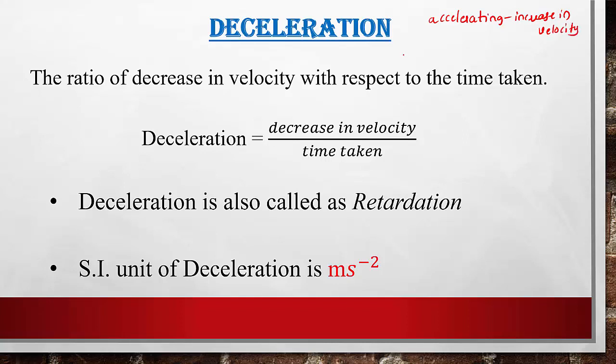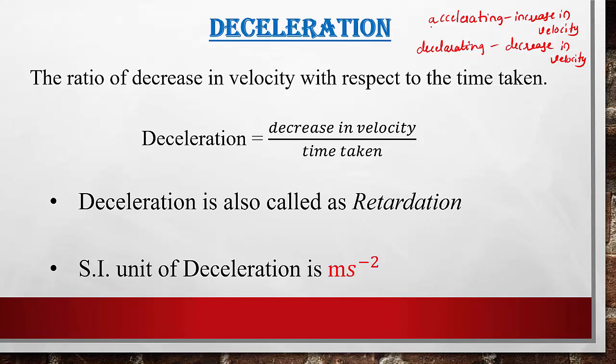Suppose if the object is decelerating, so decelerating means decrease in velocity. When velocity decreases, we can say that the object is decelerating. Suppose the velocity is increasing, then we can say that the object is accelerating. So deceleration is exactly opposite to acceleration.